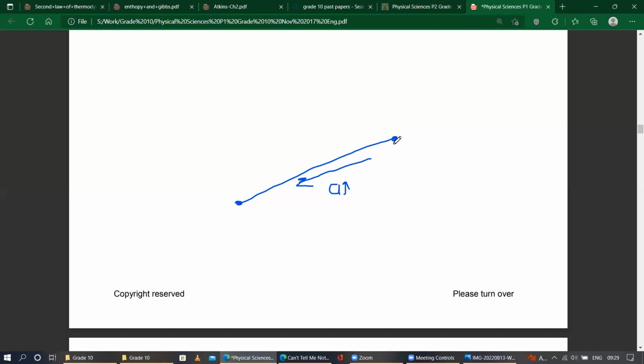As your car is accelerating, they say draw the velocity versus time graph for that particular scenario. Now, you know that acceleration is directly proportional to velocity, right?